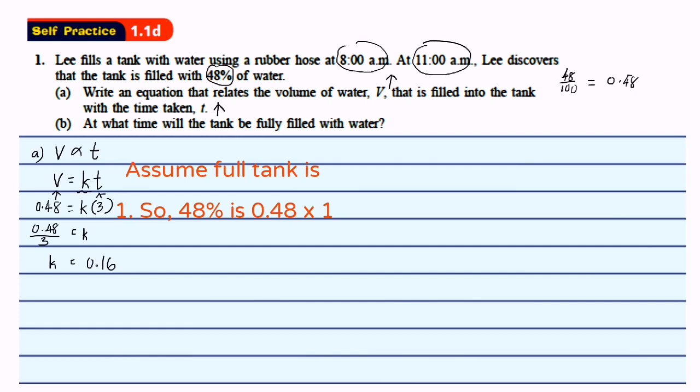After we find the value of K, then we write again the complete equation. So V equals 0.16 T. This is the complete equation.